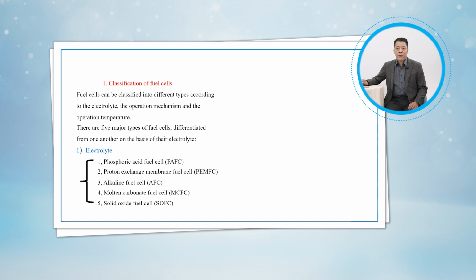There are 5 major types of fuel cells, differentiated from one another on the basis of their electrolyte. Based on their operation mechanism, there are 2 major types of fuel cells.